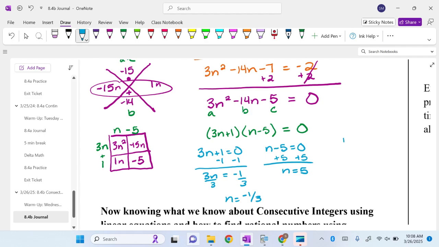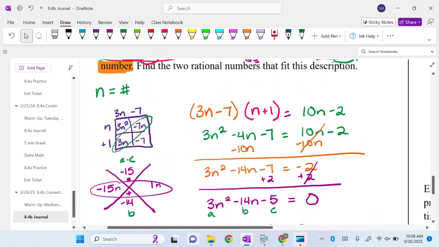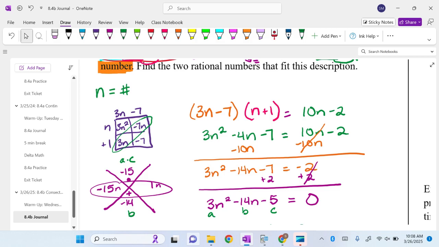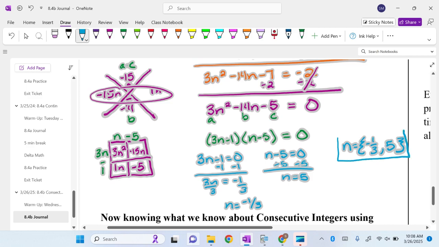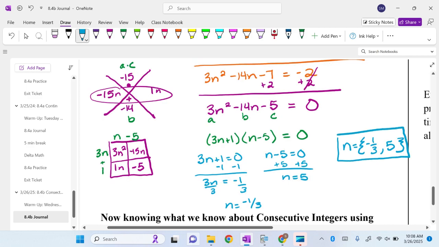So the answer to this is that either one of these numbers, -1/3 or 5, if we plug them back into our original equation, it would work. So if we plugged it back into this equation up here, it would work. All right, we would get the same number on both sides. So both -1/3 and 5 would work in terms of our property.